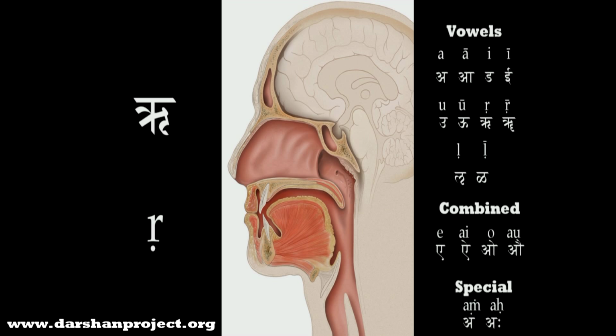And so this sound is made, as far as how I've learned, by taking the tip of the tongue and pointing it towards the roof of the mouth, and without quite touching the roof of the mouth, trying to pronounce that R sound. And this once again gets extended into that long R sound.